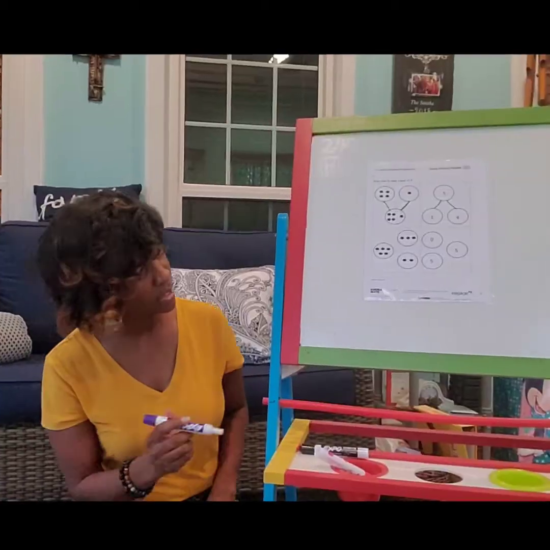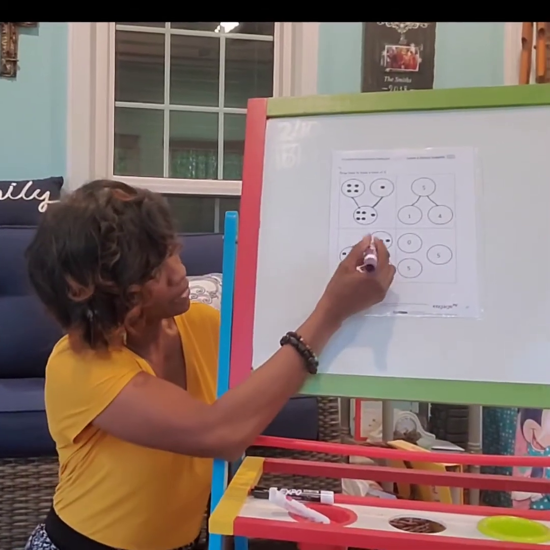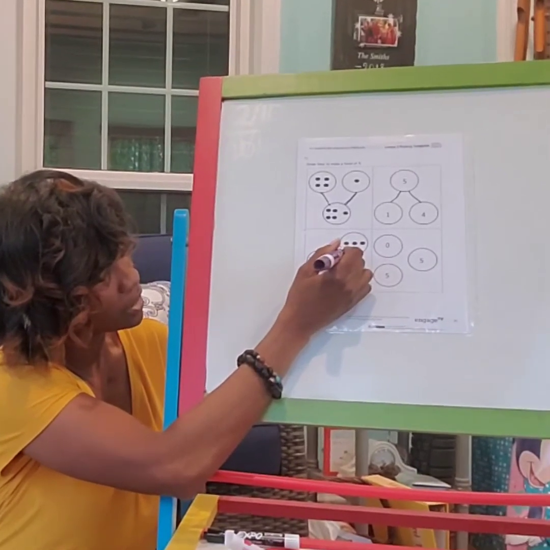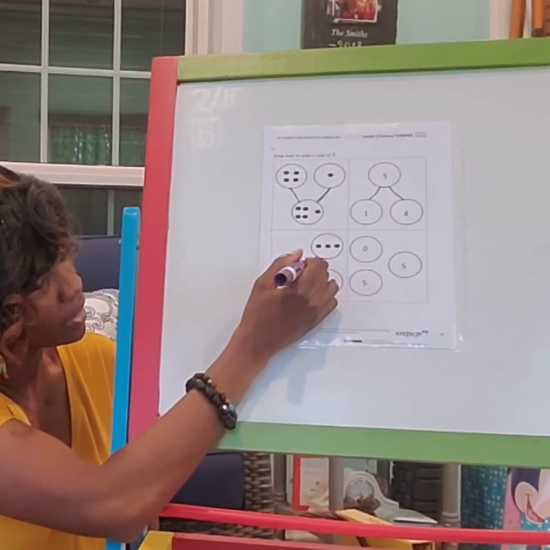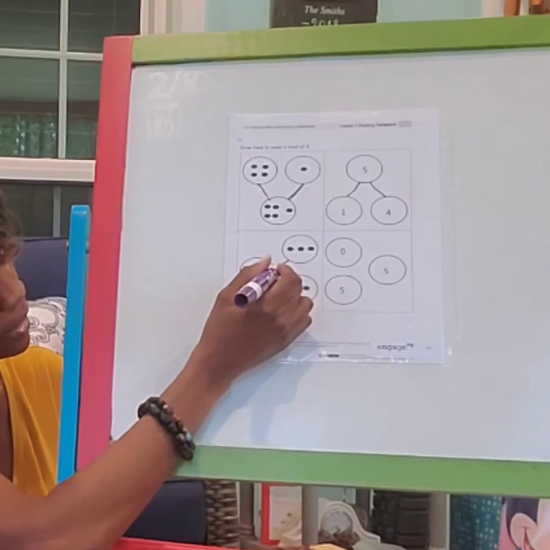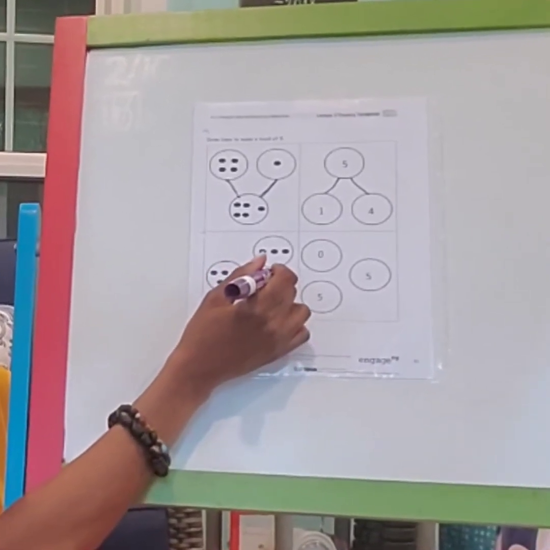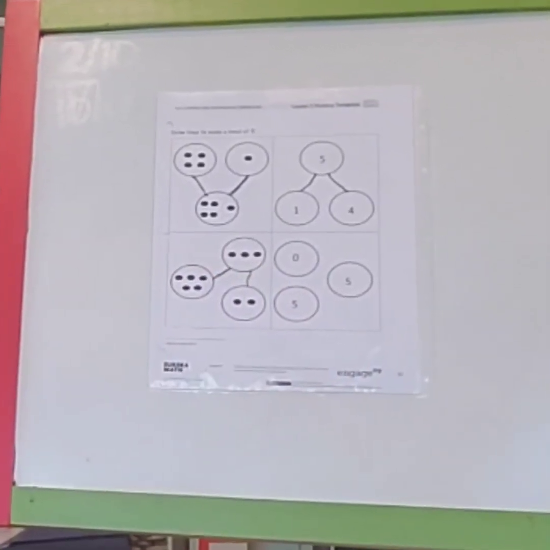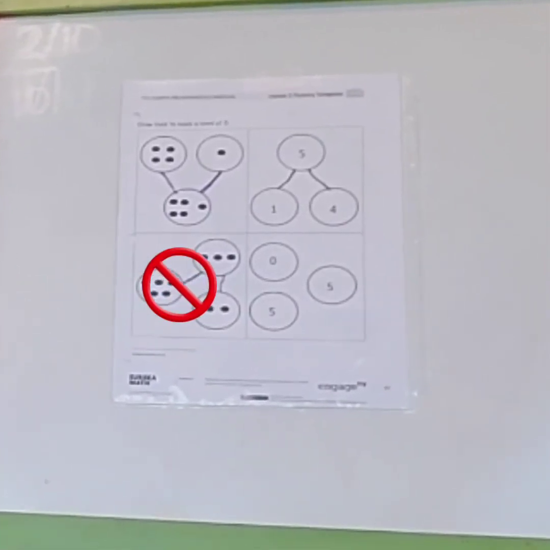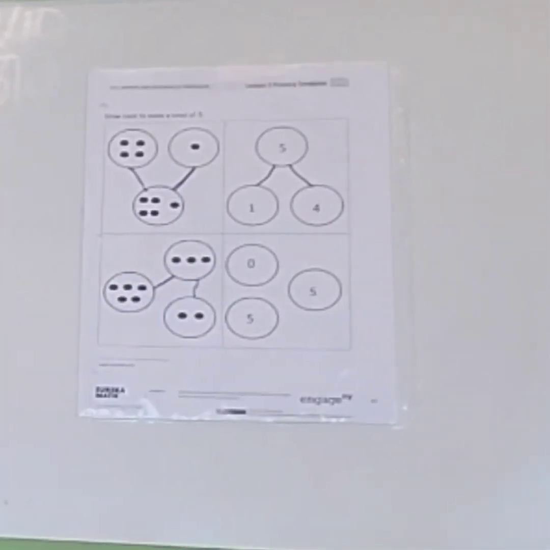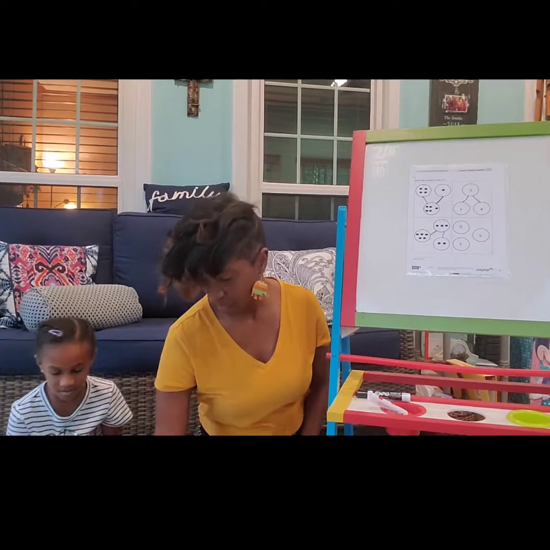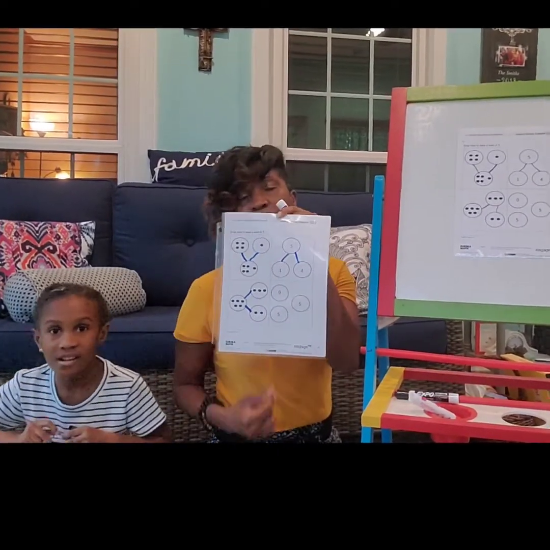All right, so let's see. Wonder what would happen if I draw this line here and this line here. You did? That's not like yours. Let me see yours. Hold it up so we can see. Tell us what you did for yours.